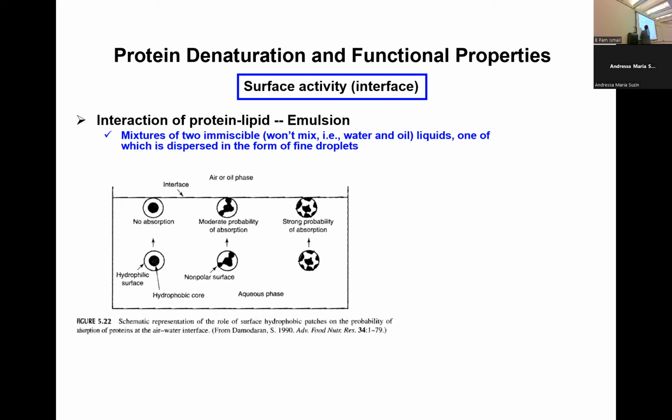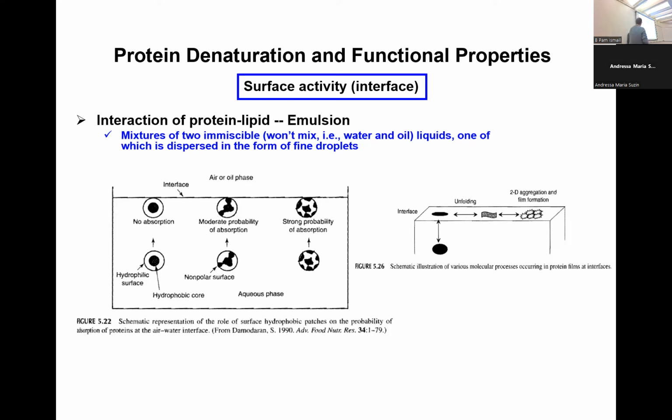So you want a protein that has a good balance between hydrophilic and hydrophobic. You have enough surface activity when you have a balance between hydrophobic and hydrophilic in order for the protein to go to the interface and interact with both phases, oil and aqueous.